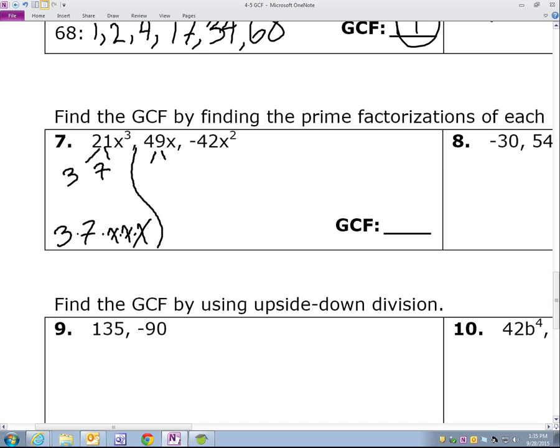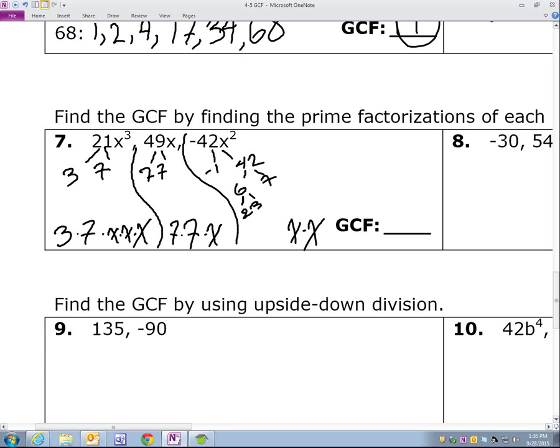This one's going to be 7 times 7 times x. This one's going to be -1, 42. So I have 2 times 3. Oops, -1 times 2 times 3 times 7 times x times x.